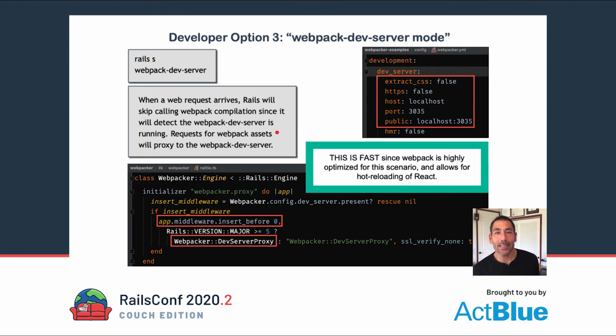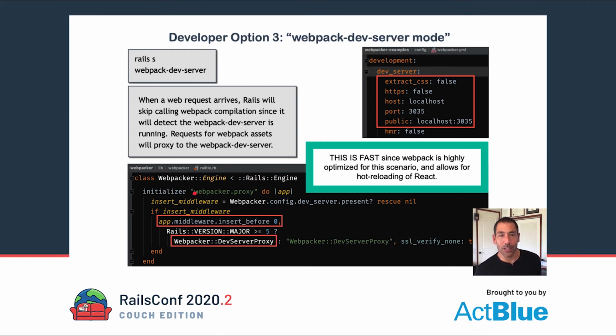So then this is a really neat thing: rather than changing the view helpers to put different output on your Rails view when you're running the dev server, Rails Webpacker actually sets up a proxy to the Webpack dev server. So where is that set up? If you go look in the lib webpacker railtie in the source code, it's right here.